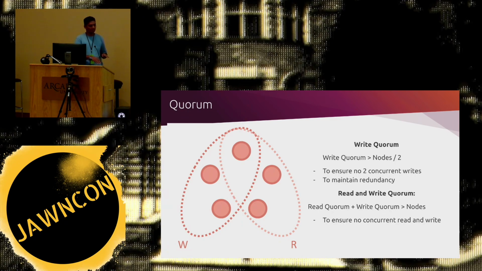You don't want operations interleaved. If there's a conflicting transaction, you want to accept only one of them. And when your write quorum is more than half the number of nodes, you're ensuring that there's at least one node at which there'll be a conflict.